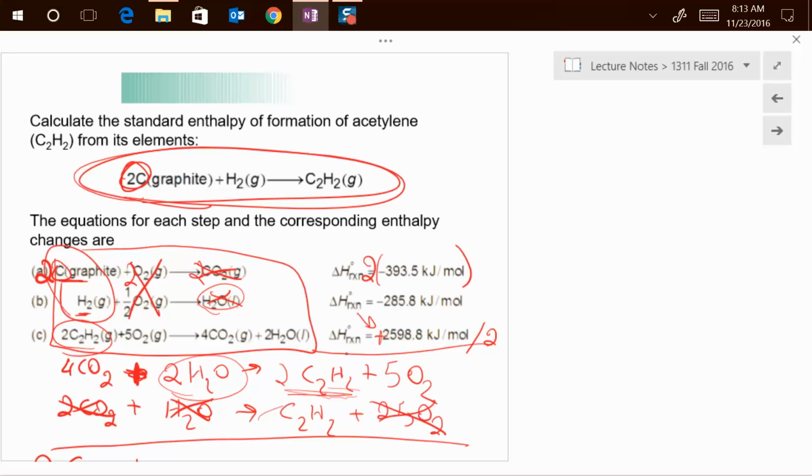So whatever you do to the reaction to manipulate it so that it matches this one, you need to do to the delta H's as well. And then you add them together to get your final delta H of this overall reaction, to find the delta H of reaction for this one.